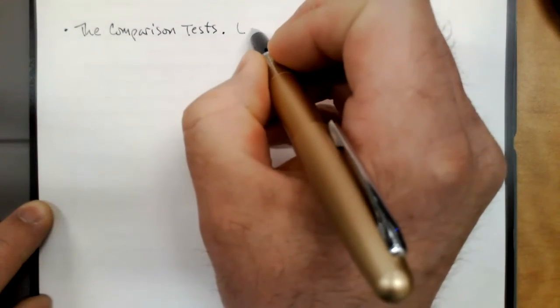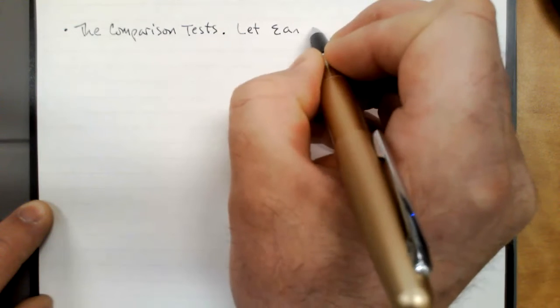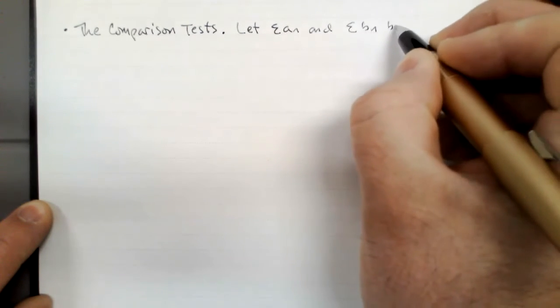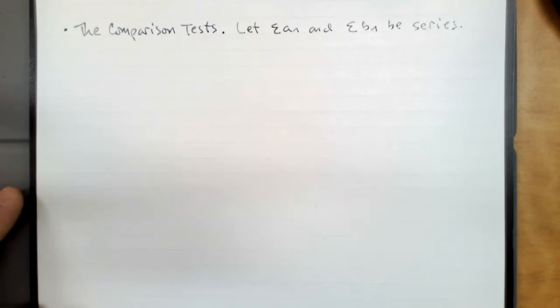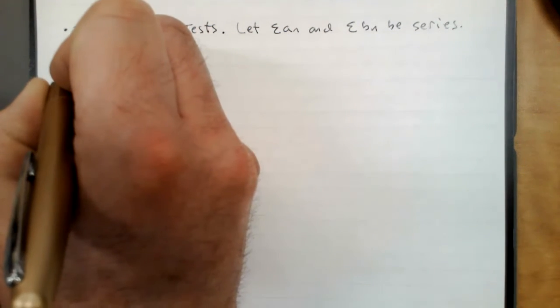Instead of just saying let a_n be a series, I'll say let a_n and b_n be series. We've got to have two of everything. Notice it says comparison tests. There are two of them. So first.